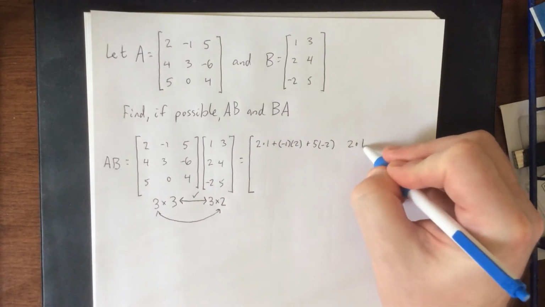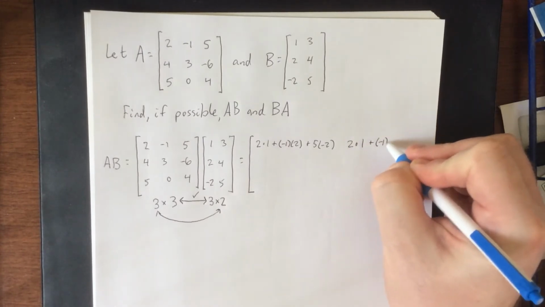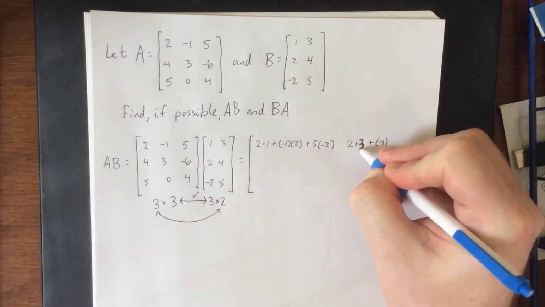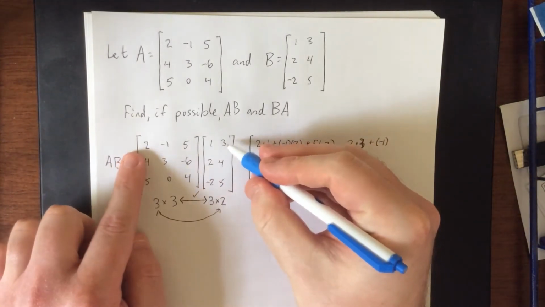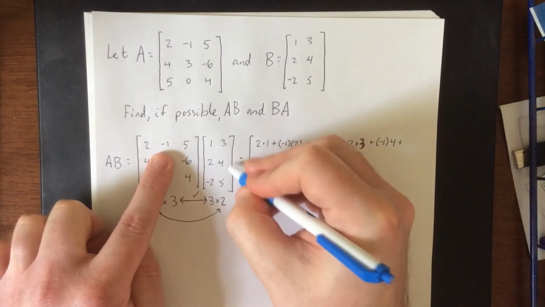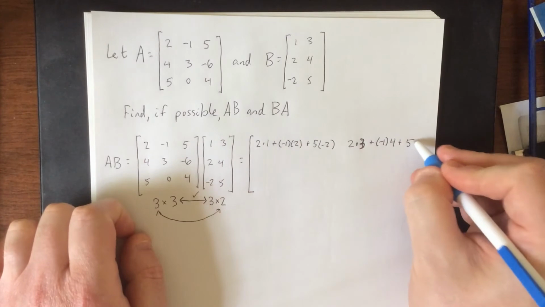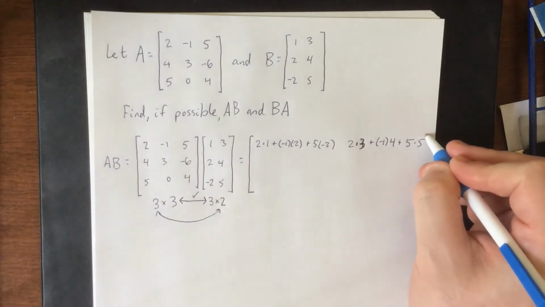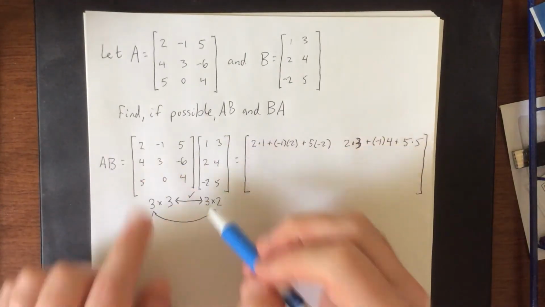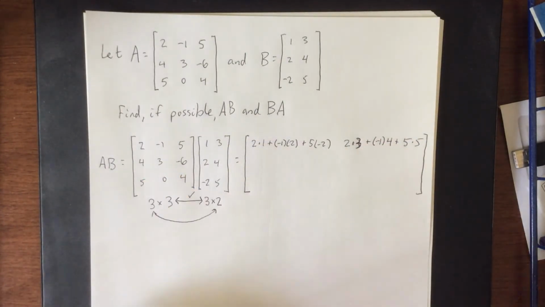That'll be 2 times 3, -1 times 4, and 5 times 5. There we go. I used to call this the Facebook technique because it involves a lot of poking. I don't think people poke anymore though.